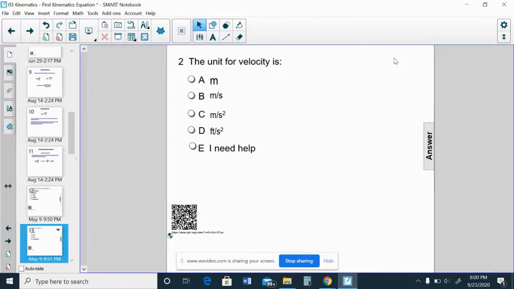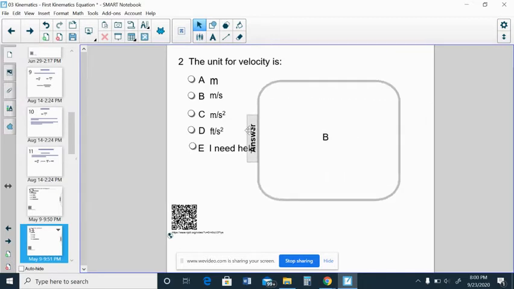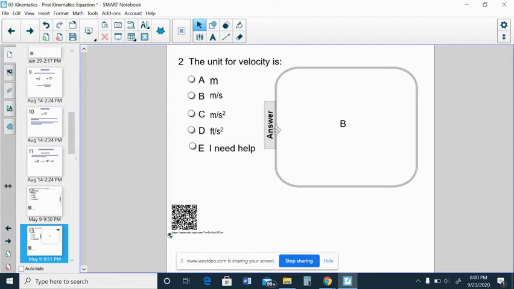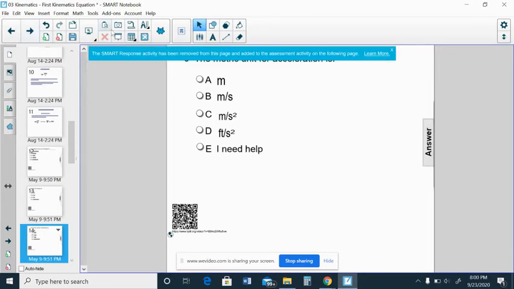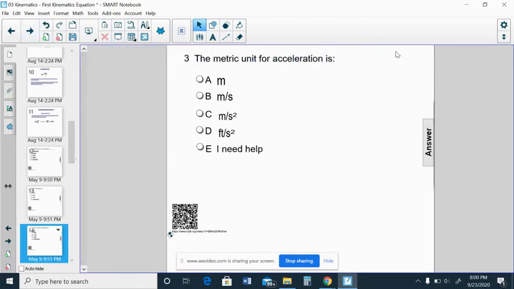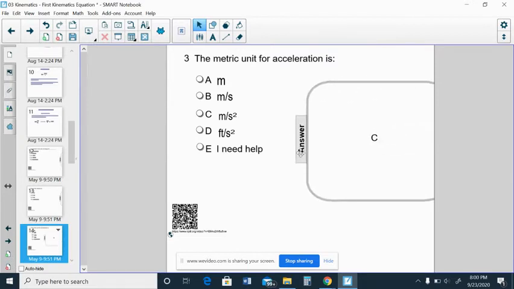The unit for velocity is b, meters per second, the same as speed, except remember velocity is a vector and you will be indicating direction. The metric unit for acceleration is c, meters per second squared.